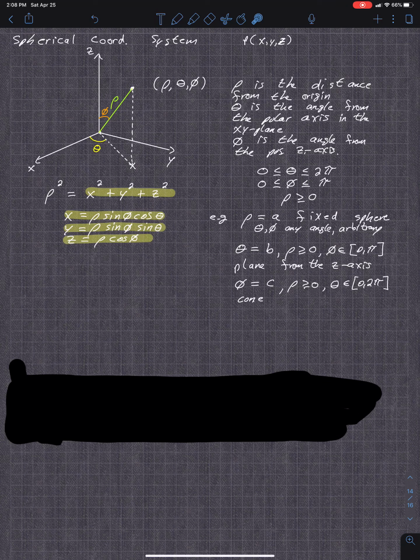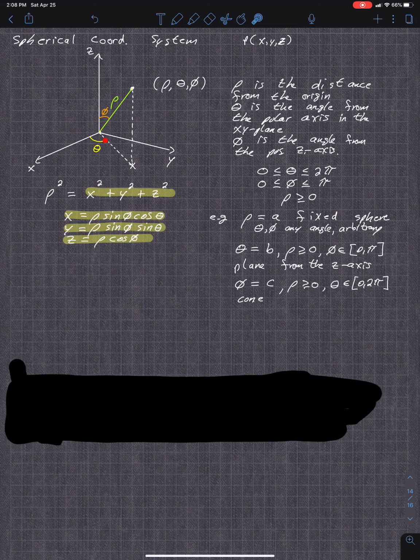From there, the next angle is phi. Phi is the angle from the positive z-axis to the point. Phi can go all the way down to here, usually from 0 all the way to pi. Usually you don't go around like that.